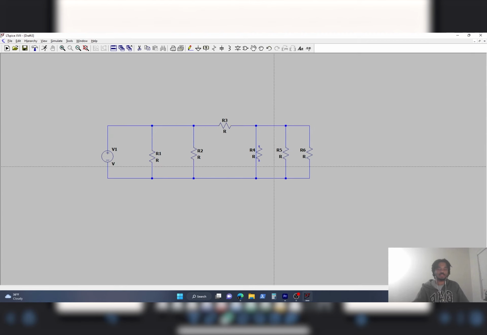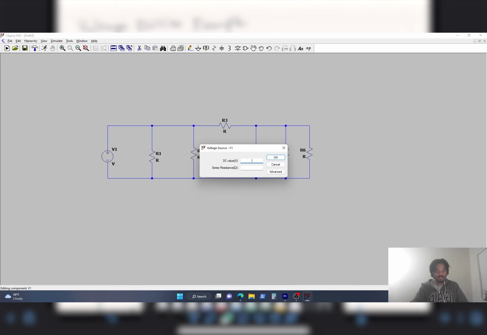And it is possible to put the resistors and wires diagonal inside LT Spice, but it's not really necessary. So come around here, get our values in.